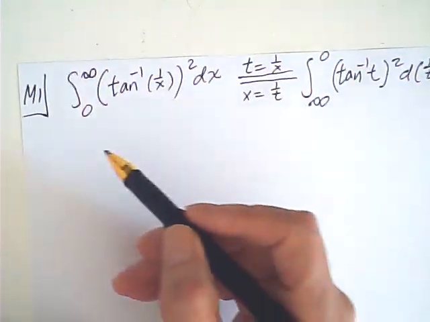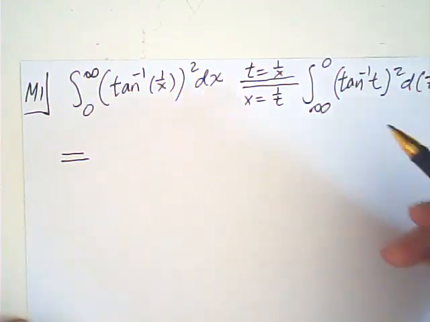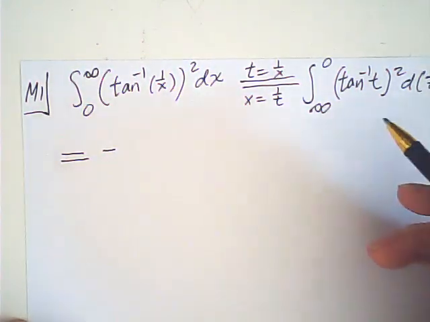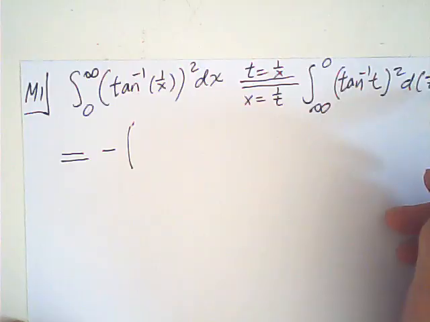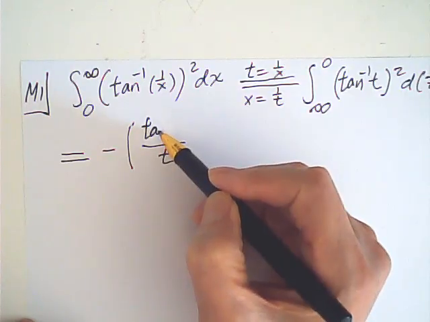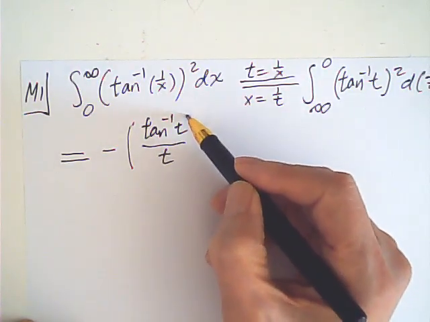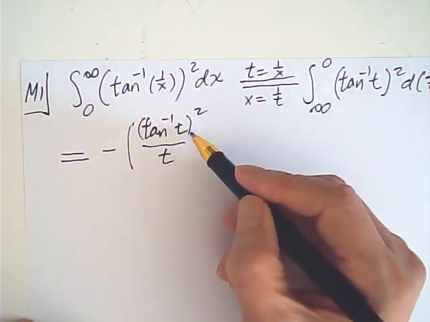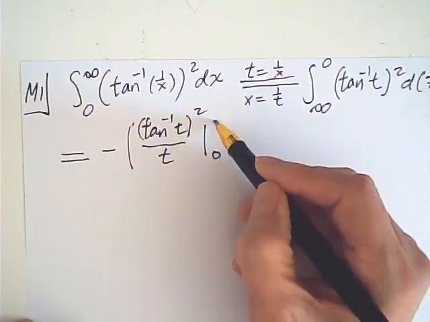u dv. Right, so this one is equal to, first let me change this one and I'll put a negative there. Okay, negative. Then uv becomes, this is v, this is u, arctangent t squared, from 0 to infinity.